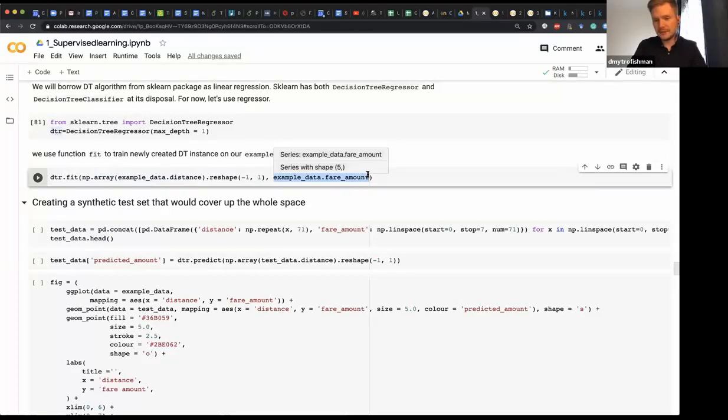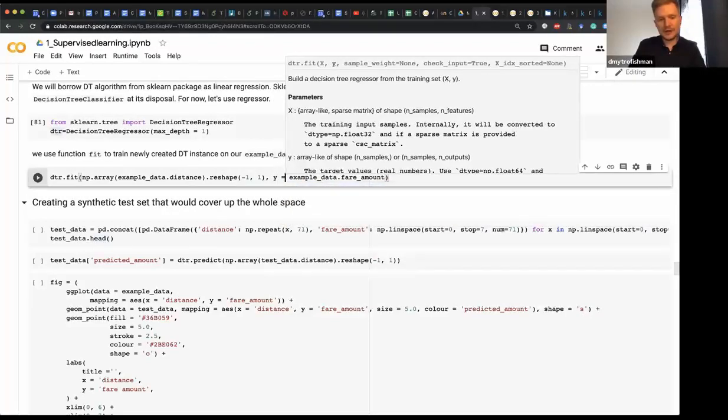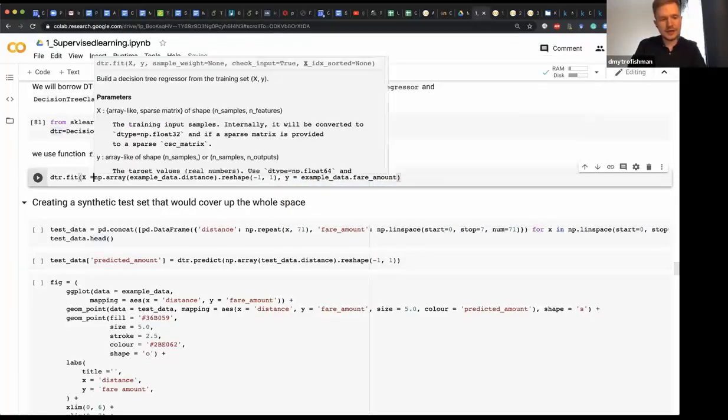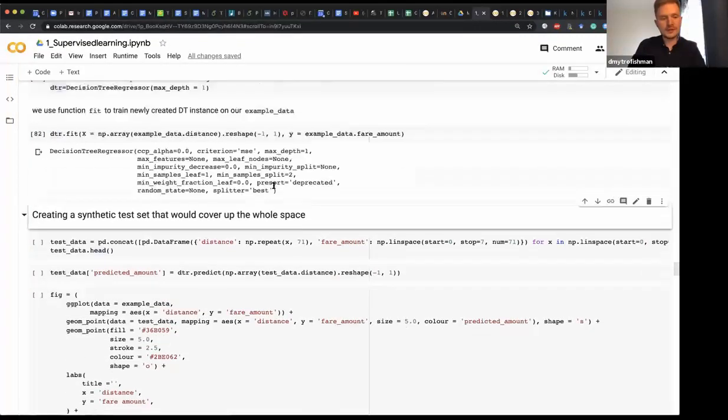Okay, does this make sense? The fair amount is what I predict, and that's why it goes after the comma. I can write y equals, and here I can write x equals, so that it is more verbal, right? So x is my data, which I use to train my algorithm, and y is what I want to predict. Okay, so I train that.